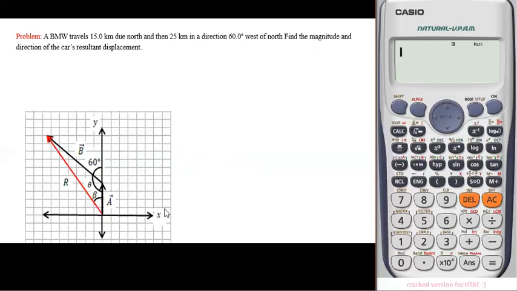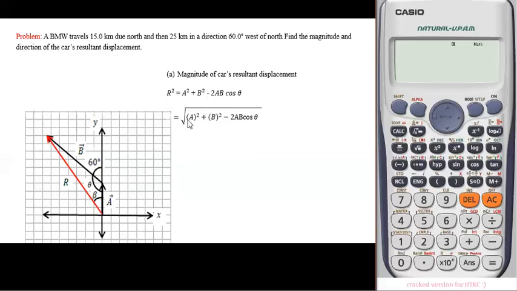So in this case, to calculate the magnitude of the car's resultant displacement, we can use the cosine law. So that is R squared is equal to A squared plus B squared minus 2AB cosine theta. This means R is equal to the square root of A squared plus B squared minus 2AB cosine theta.